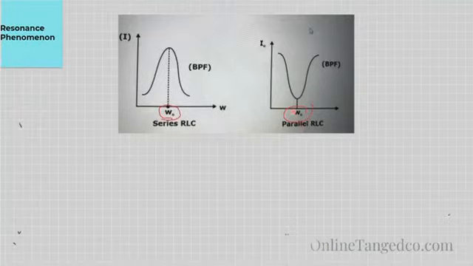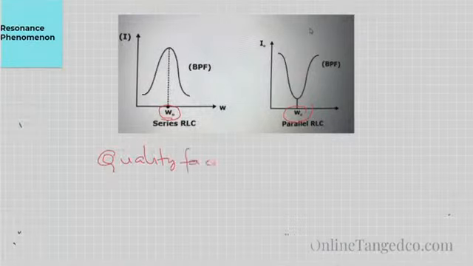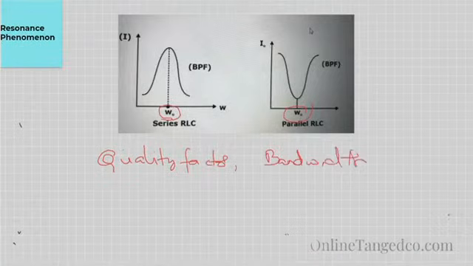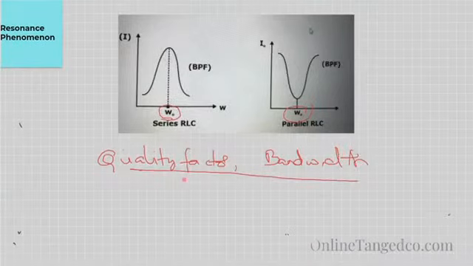Other than this, there are certain parameters on which you will be asked questions in your examination. That's called quality factor and bandwidth. Okay, so you should understand what this is about. These are indices or properties of the resonance circuit based on which they'll choose the resonance circuit for particular applications. That is the role of the quality factor and bandwidth.